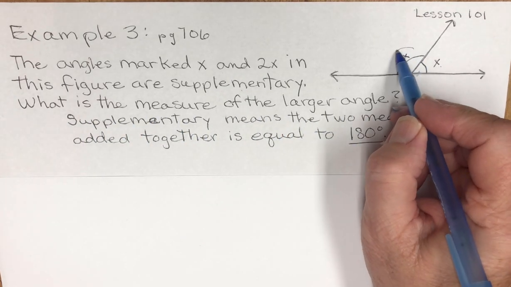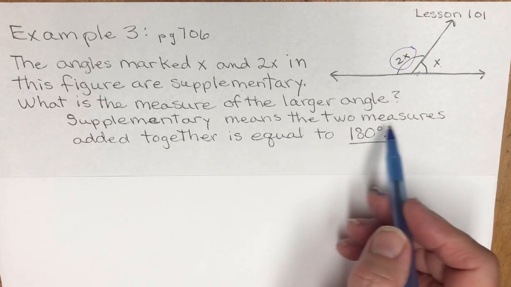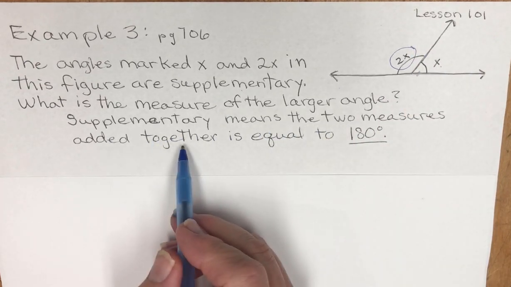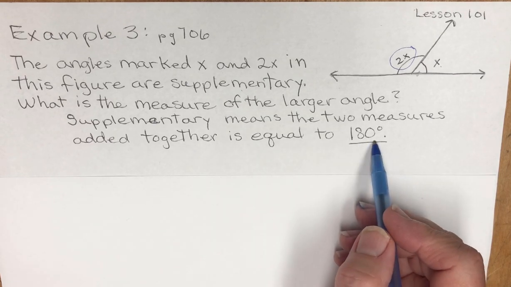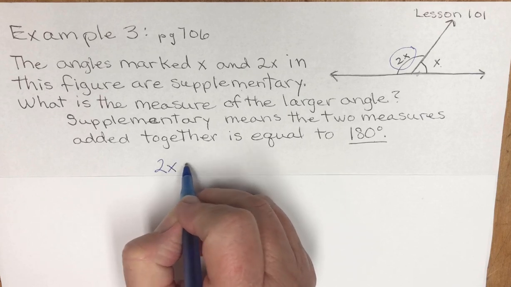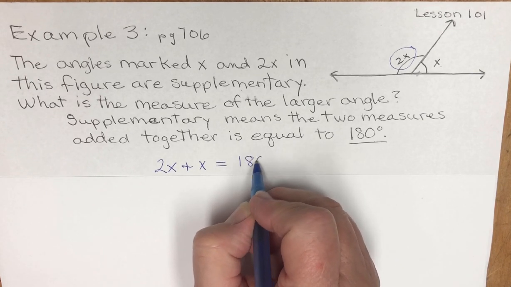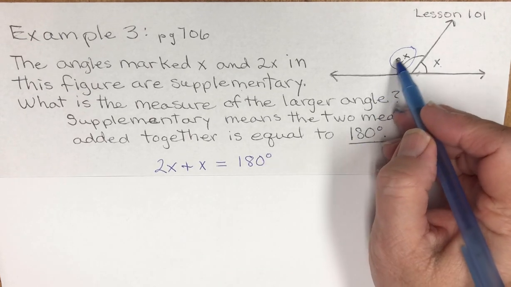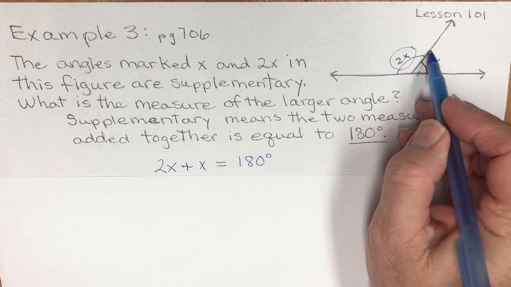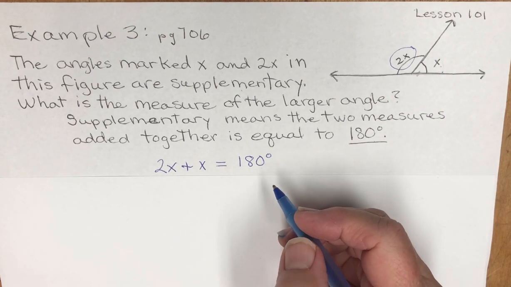Well, the larger angle is 2x. And supplementary means that the two angles measures added together is equal to 180. So if I were to write 2x plus x equals 180 degrees, I'm saying this measurement of this angle plus this measurement of this angle equals 180, and that's correct.